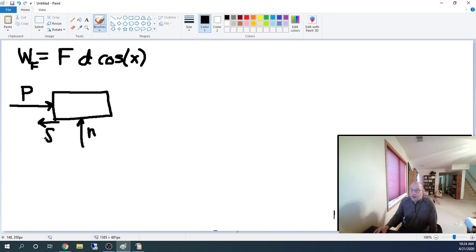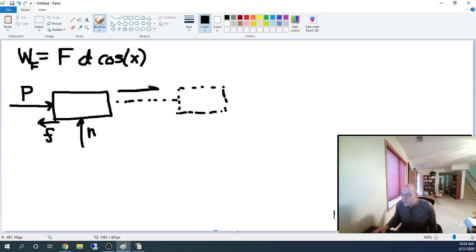I'm going to use little f to represent that. And let's say that during the process of this pushing, the box shifts its position so that it's further to the right of where it was before. So in other words, the direction of motion is that way. I'm going to call that D. So D is to the right.